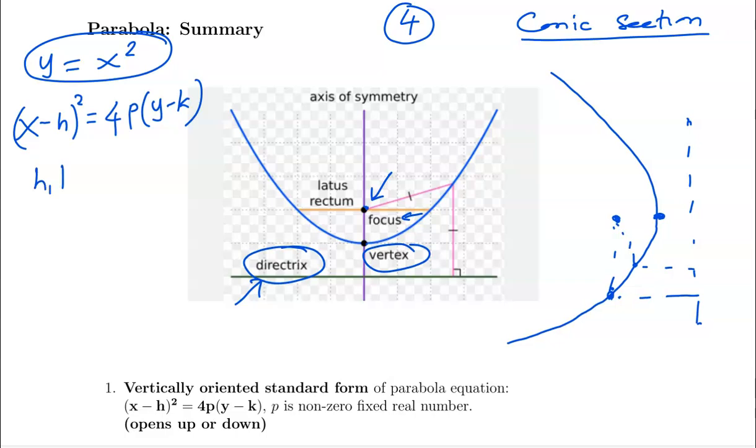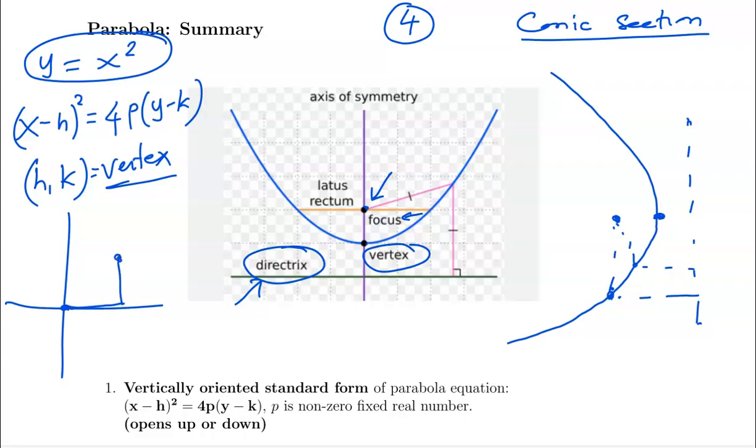(h, k) is just a shift. This is the vertex point. Instead of the vertex being at the origin, it's shifted h this way and k up this way. That could be a parabola. So that's your (h, k).